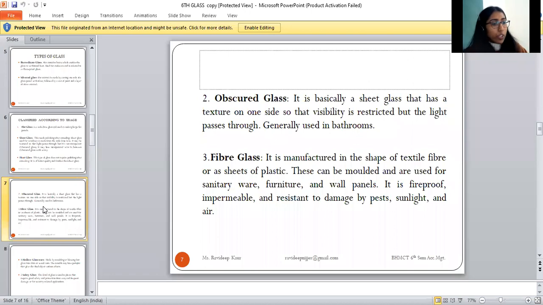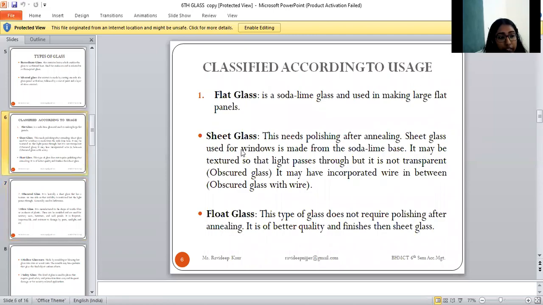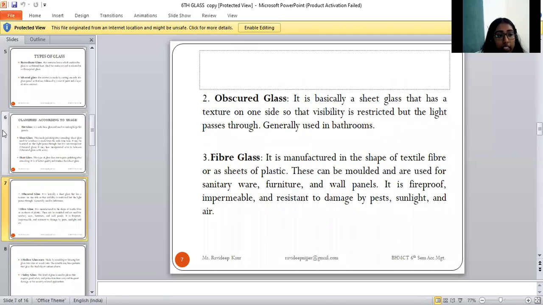Next we have obscured glass. This is another classified glass. It is basically a sheet glass that has a texture on one side so that visibility is restricted but the light passes through, generally used in bathrooms. So this obscured glass is basically the second classification, sheet glass, and it comes in a thin sheet.